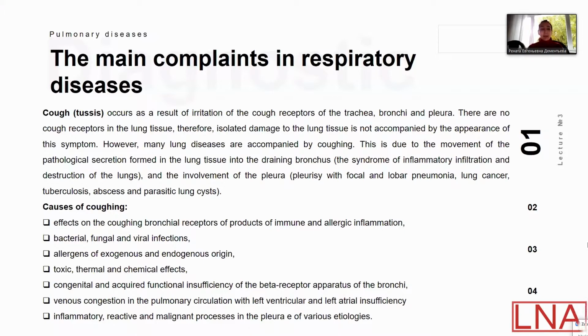For example, cough develops in bacterial, fungal, and viral infection, and also in venous congestion of the pulmonary circulation. Different mechanisms, but the same sign. So cough is the main complaint of a patient with respiratory disease, and these are the main causes of coughing.